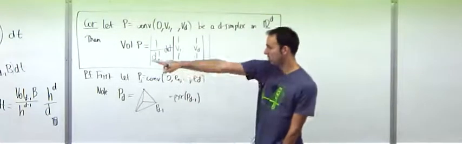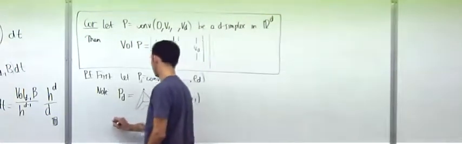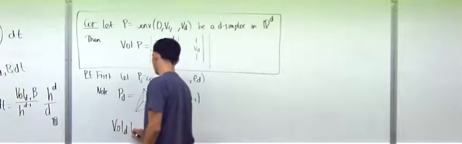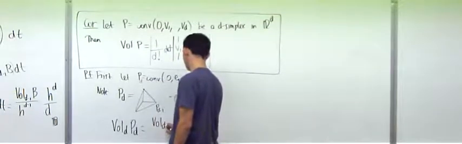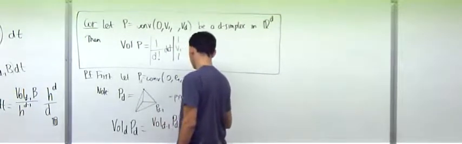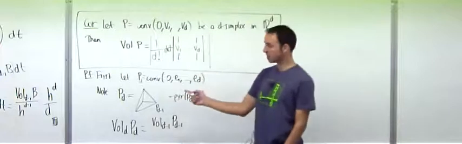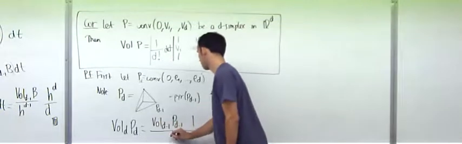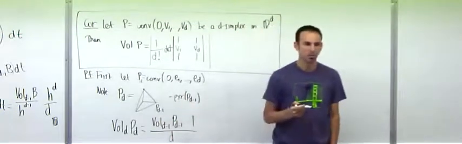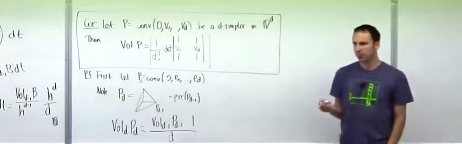And so we can apply this formula, which says that the volume of my pyramid is equal to the volume of the previous pyramid times the height, but the height is just 1 because this is a unit vector, over d. Okay? And then you get it by induction, right?